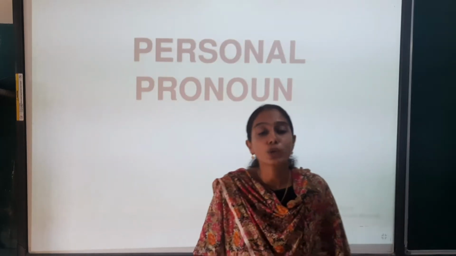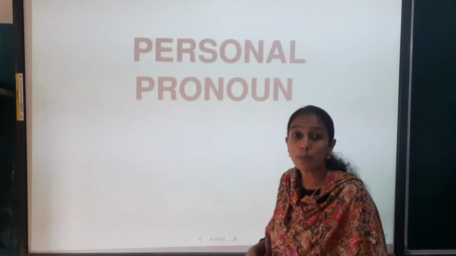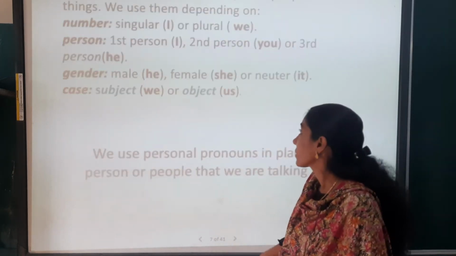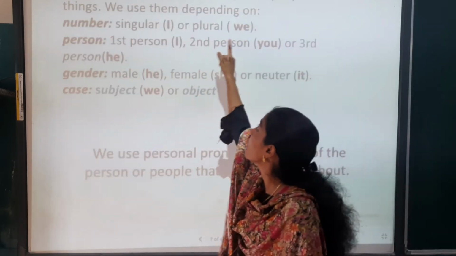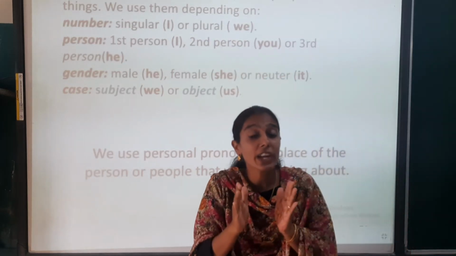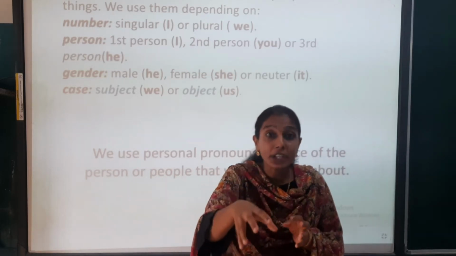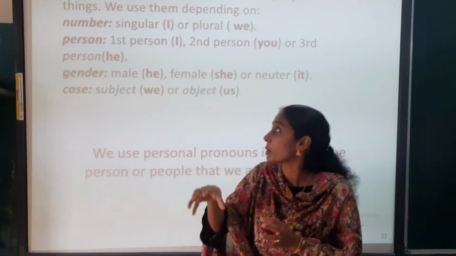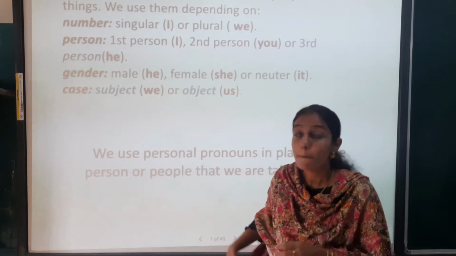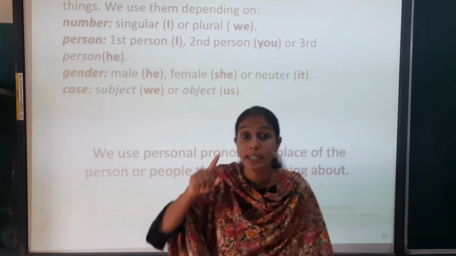So moving on to the first kind of pronoun, that is personal pronoun. Personal pronoun represents specific people or things. When we have to point out specific people, or a specific group of people, we use personal pronoun. We use them depending on number.